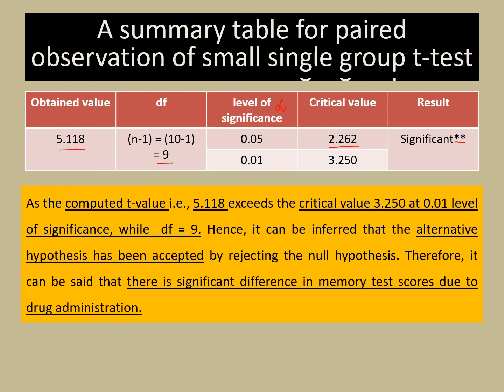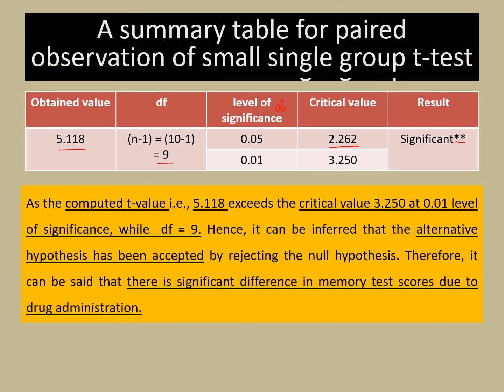So here, see, the basic fundamental concept is if the obtained value is equal to or greater than the critical value, then we accept the alternative hypothesis. But if the situation is opposite, like the obtained value is lesser than the critical value, then we accept the null hypothesis.